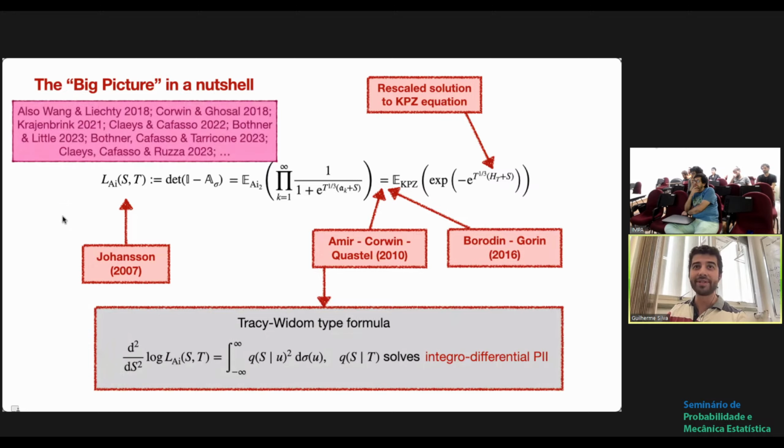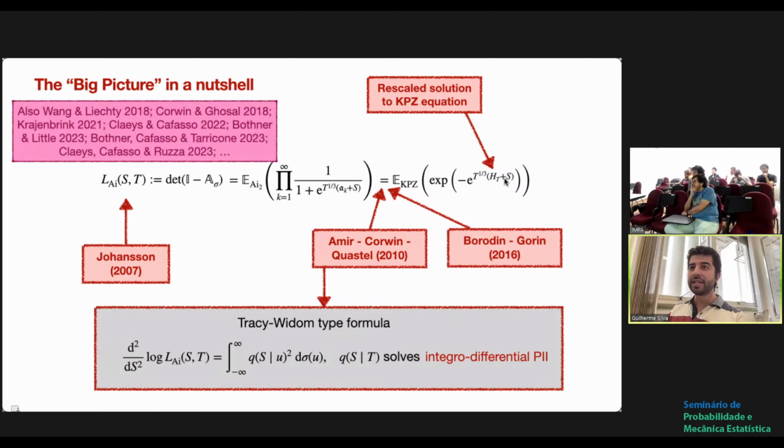Many recent works here. And in particular, perhaps I should mention that this identity was very, very powerful for studying the tail behavior of the fluctuations of the KPZ solution in a large time limit.